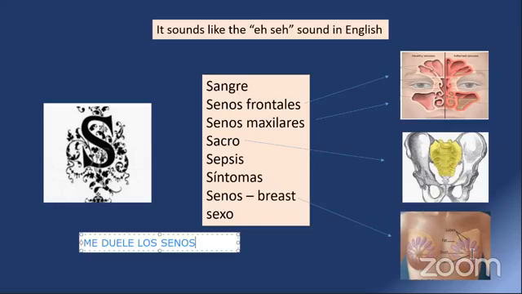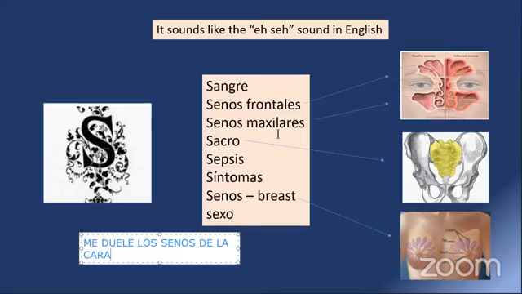Don't assume that they are talking about a maxillary or frontal sinus and just tell them, oh, go and see the ENT, because what they may need is a breast surgeon. The patient can say, me duele los senos de la cara, of the face, right? Because they don't know about frontal, they don't know about the maxillary ones, you know that, but they don't. So they can say, me duele los senos de la cara, right?